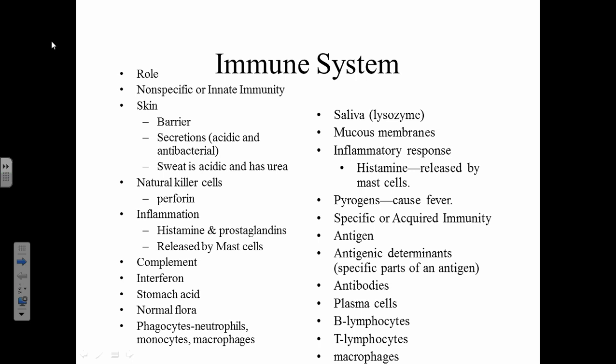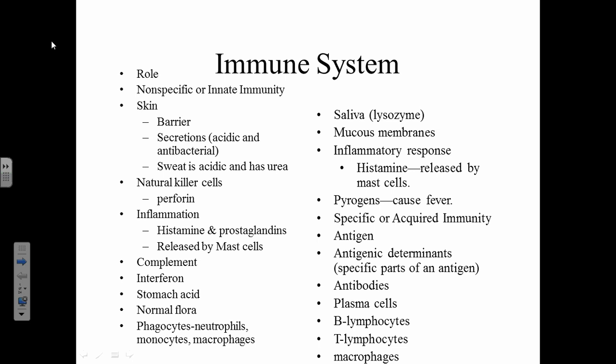Bacteria. You've got chemicals like lysozyme in your saliva and your tears. You've got your mucous membranes. And you've also got these proteins that cause you to get a fever when you get sick. All those things are non-specific. They just protect you against germs in general.